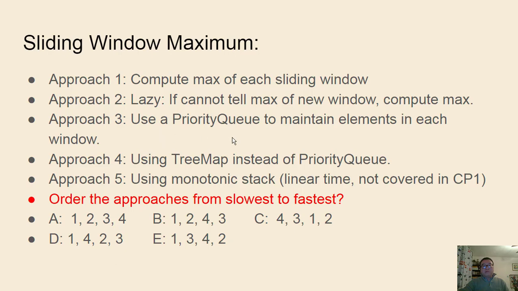We've talked about four approaches: the brute force, lazy update, using priority queue, and using TreeMap. In fact, there's a fifth approach, which is in some sense the best approach. It's actually linear time. It uses a two-ended queue, but the conceptual thing used there is a monotonic stack.